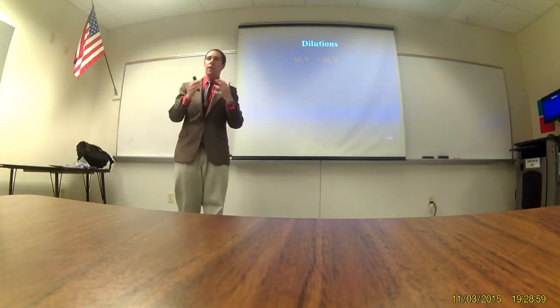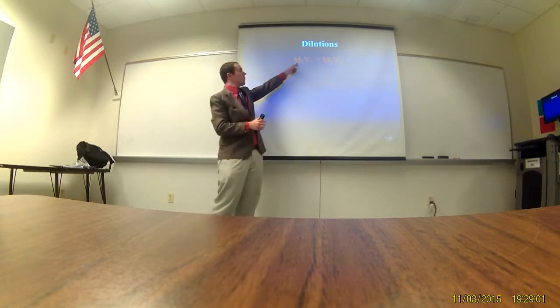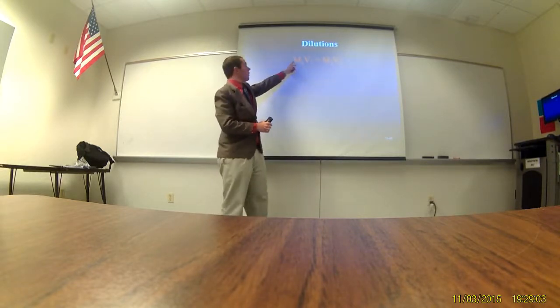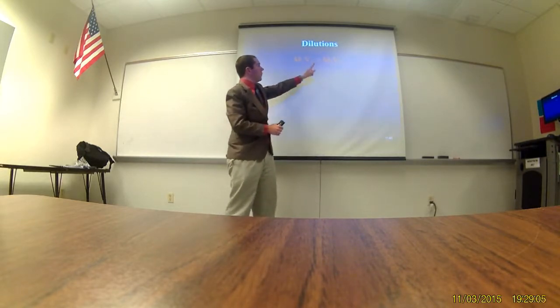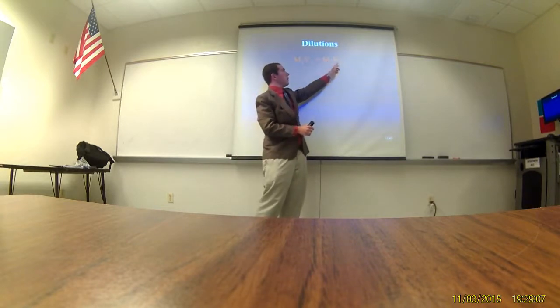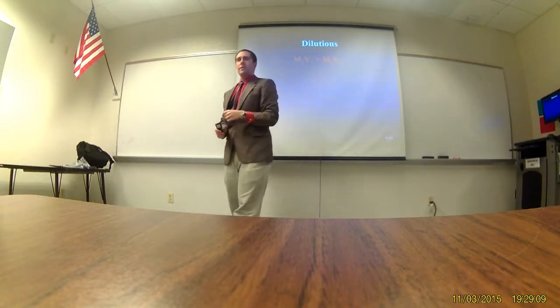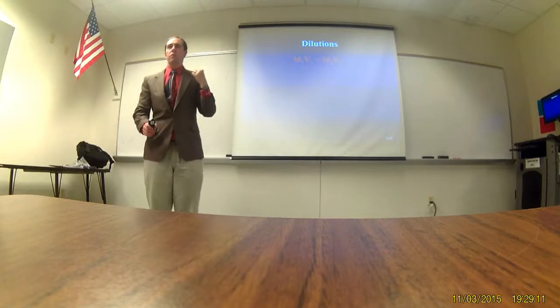But for us, we're pretty much always going to be using molarity. So it's molarity 1 times volume 1 equals molarity 2 times volume 2. And this makes sense when you break it down.